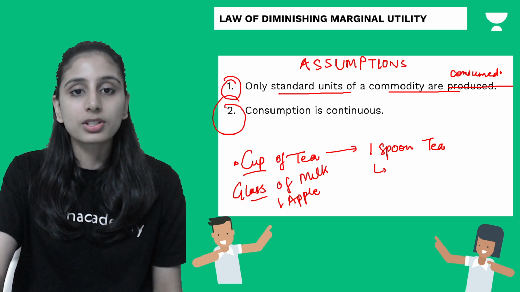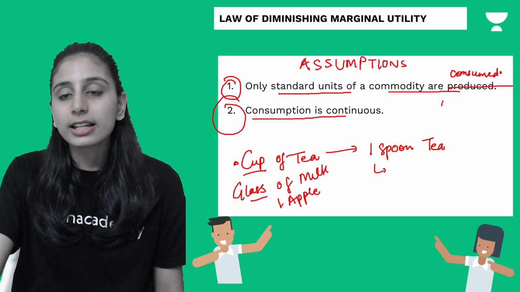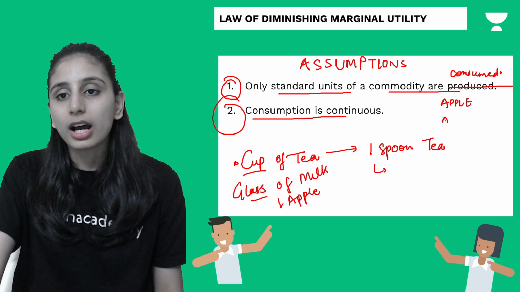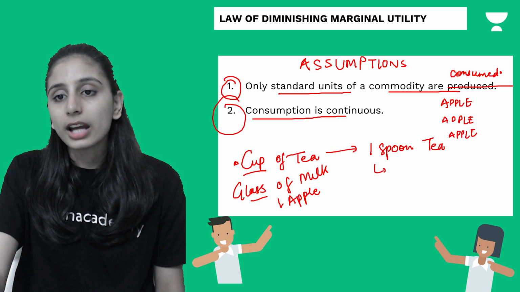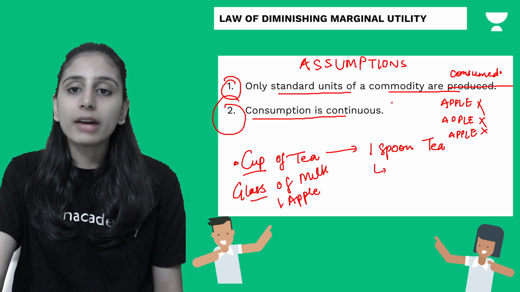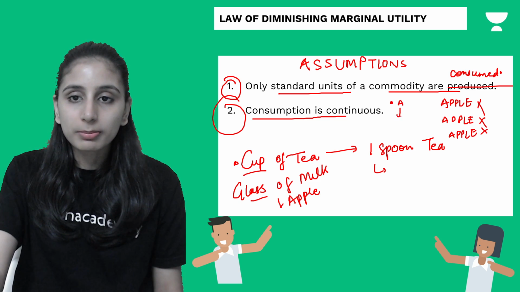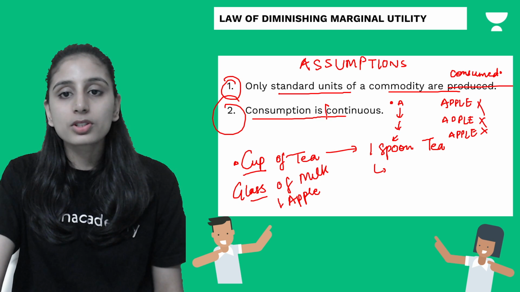The second assumption is consumption is continuous. Like I can't say that I had an apple in the morning, I'll have an apple in the afternoon, and then I'll have an apple at the night. Okay, I can't do this. मुझे अगर if I am having an apple right now, तो मुझे उसके बाद एक और एप्पल खाना पड़ेगा, उसके बाद उसके बाद, which means the consumption should be continuous.